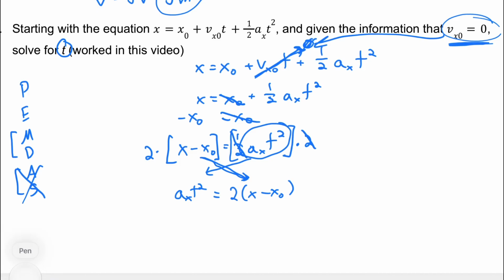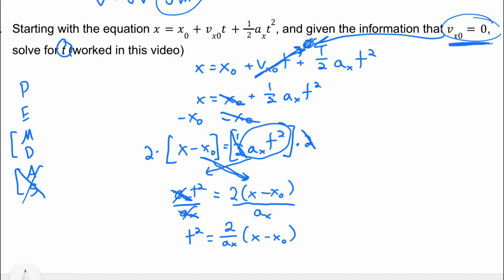So now we want to divide that side by a sub x to get rid of the a sub x, so they go away. Good. And then whatever we do on the left side, we're going to do on the right side, right? So we end up with t squared equals 2 over a sub x times x minus x naught, is one way to write that. We could have had the 2 times x minus x naught over on the numerator divided by a_x in the denominator, but either way gets us there.